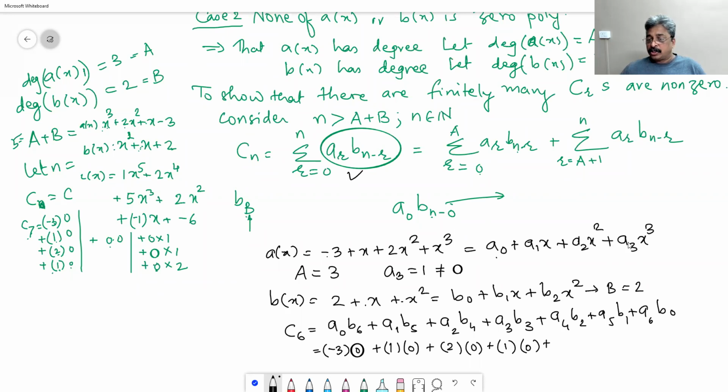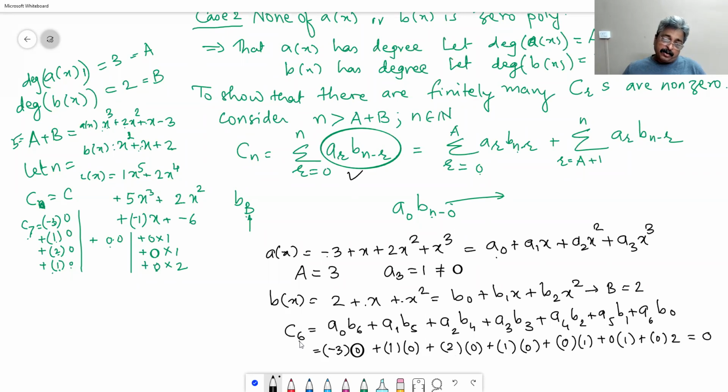Oh, I am exhausted with a's now. a4 is 0. How much is b2? Oh, I have b2 with me, which is 1. How much is a5? 0. How much is b1? 1. How much is a6? 0. How much is b0? 2. After doing all this, we find it equal to 0.